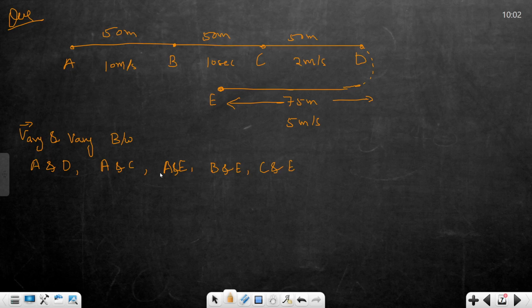So you have to calculate average velocity and average speed for the following 5 intervals: A and D, A and C, A and E, B and E, C and E. Clear? Let's start.